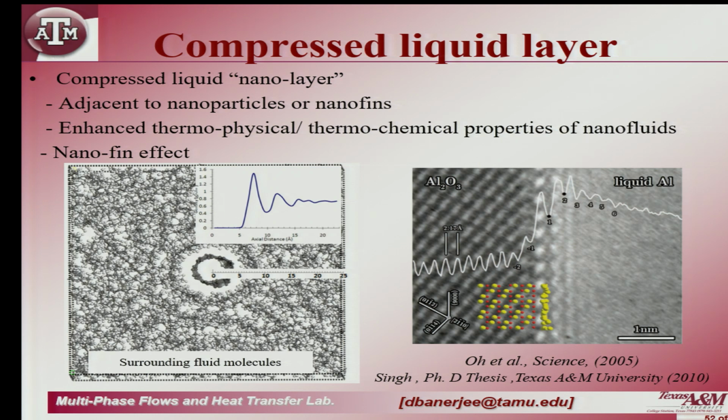Not only that, look closely. See, this is the first layer of the atoms of the sapphire crystal, the first layer of the atoms of aluminum. They have layered up as if they are part of the crystal. Okay. So, solid aluminum, let us say, has a BCC crystal structure, okay, body centered cubic.